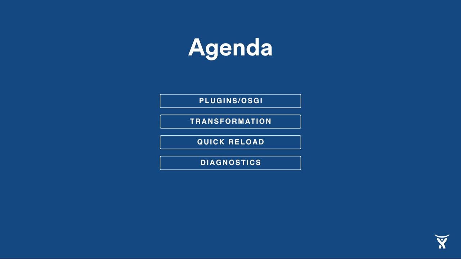So today we're going to be talking about 3 things chiefly. We're going to talk about how the plugins in the OSGI framework tie together. We're going to try and encourage you to do build-time transformation rather than runtime transformation. Not mandatory, but it makes your life easier. And we're going to talk about Quick Reload, which is our replacement for Fastdev.